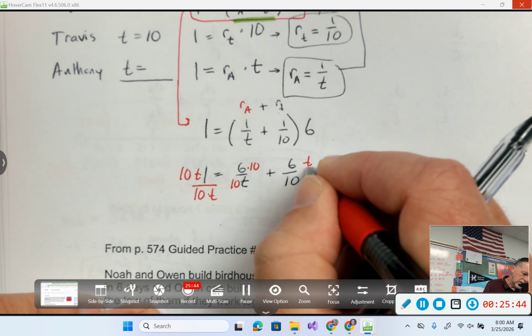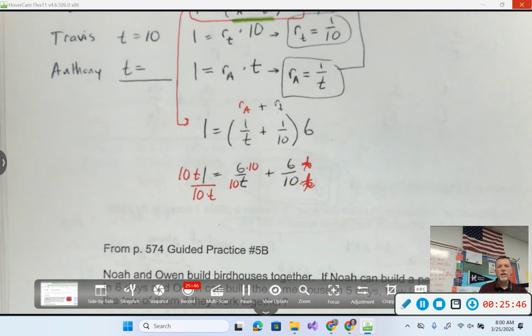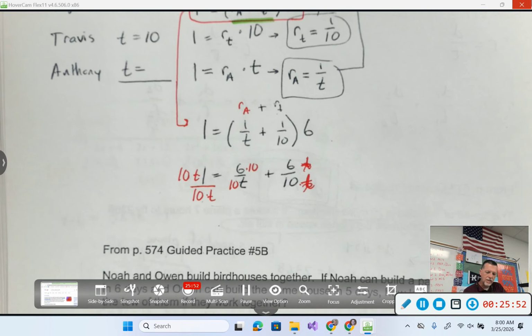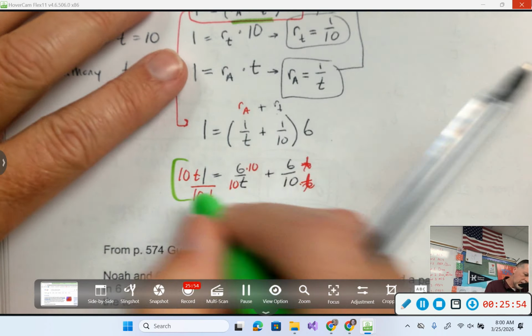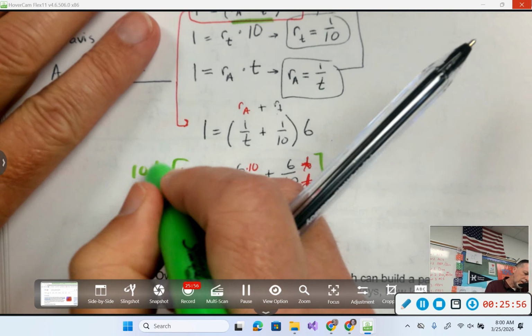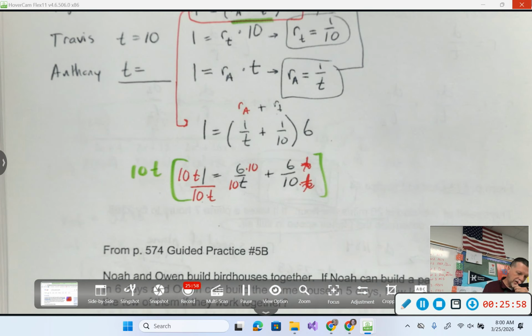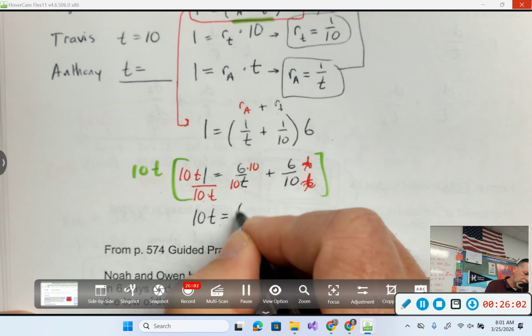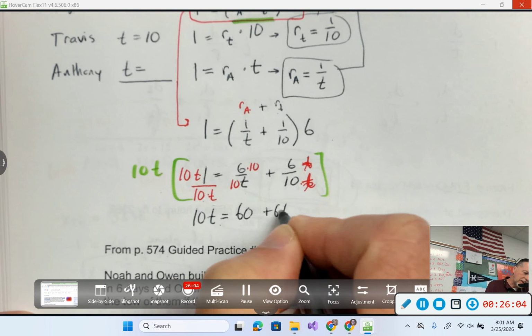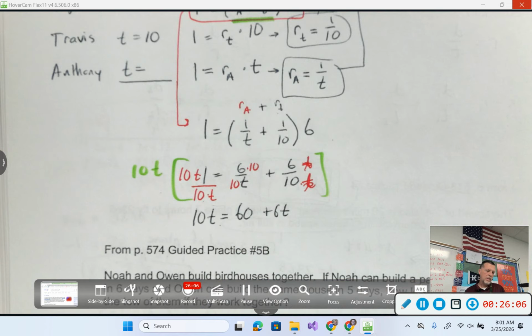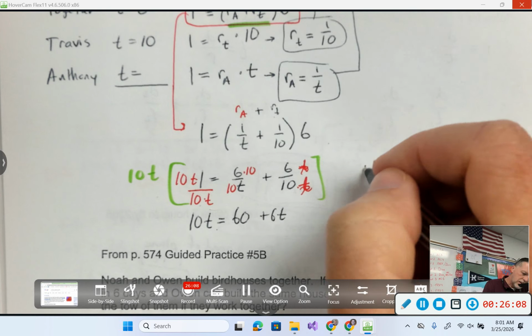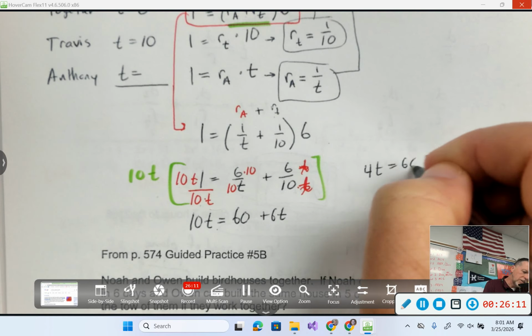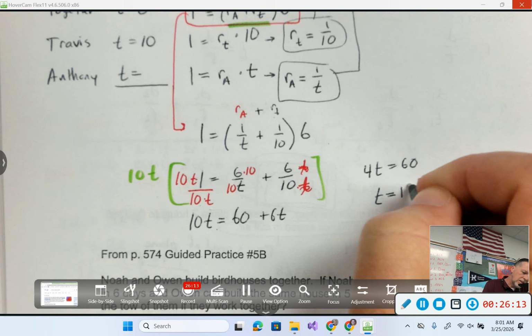Whoops. Okay, again, pausing, making sure my denominators match. 10t, 10t, 10t. Favorite step, multiplying by 10t. 10t equals 60 plus 6t. So 4t equals 60, t equals 15.